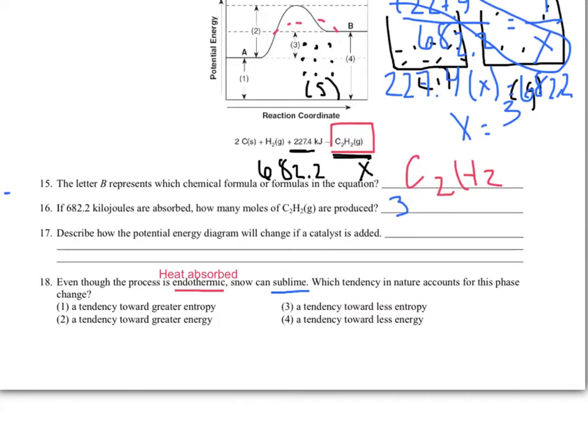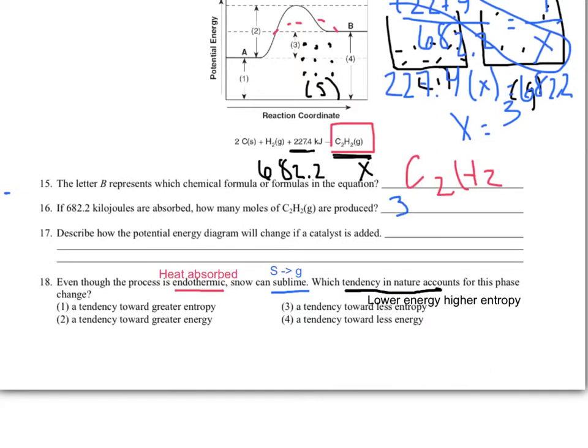It goes straight from solid to gas. And then it asks about the tendency to nature. So basically, you didn't exactly have to know what endothermic and sublime means if you remember the tendency to nature. Recall that things in nature tend to go to lower energy. Things naturally lose energy and they become more random or have higher entropy.